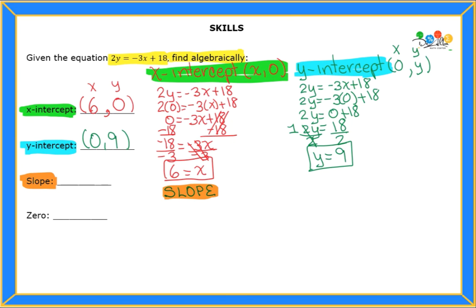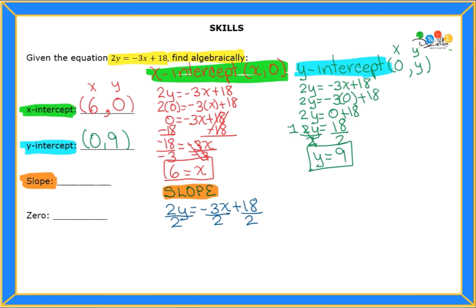So let's write down the equation. The equation says 2y equals negative 3x plus 18. And remember, in order for my equation to look like slope-intercept form, the y needs to be by itself. Luckily for us, there's only one thing I need to get rid of, which is the 2. My coefficient 2, I am going to divide by 2.